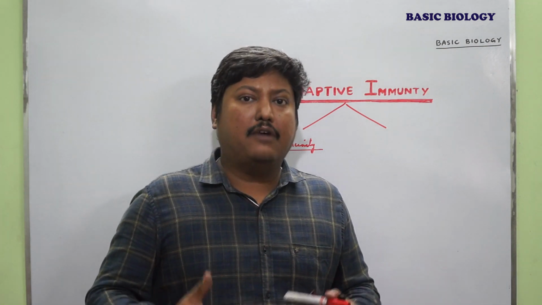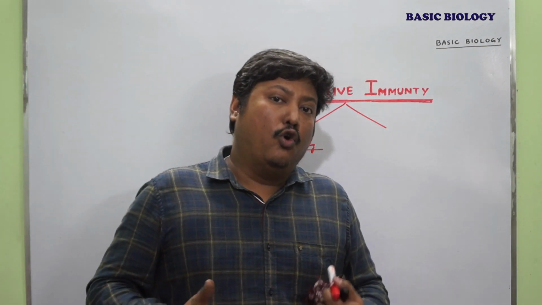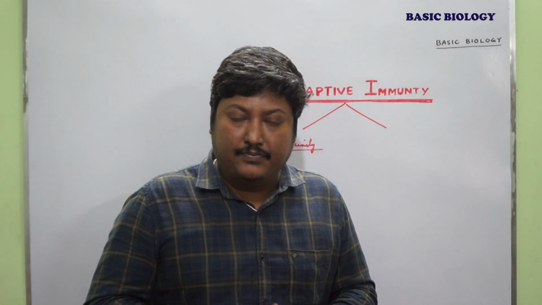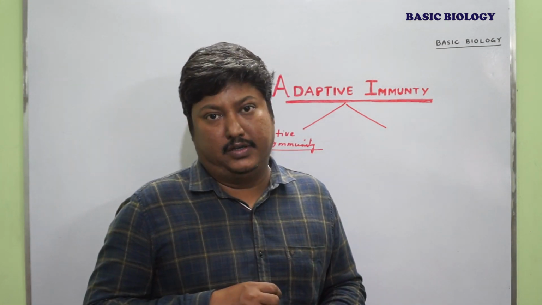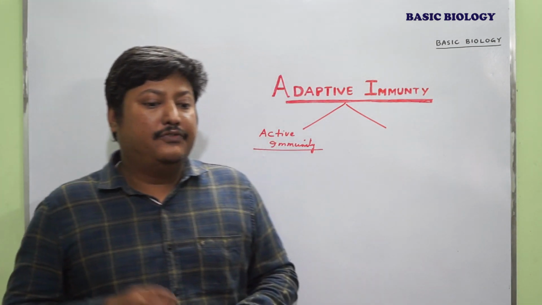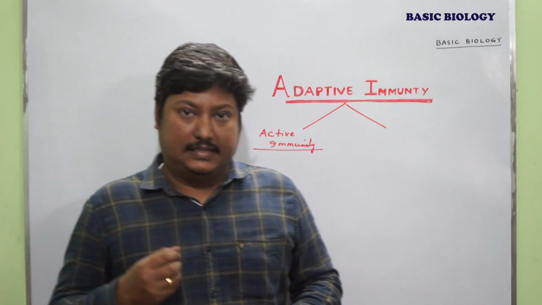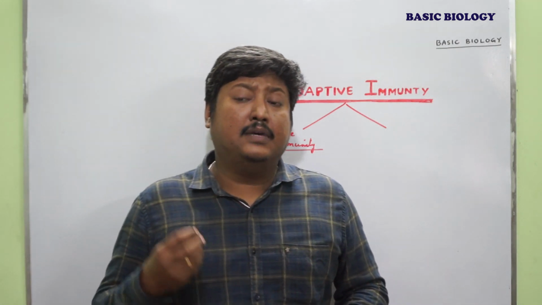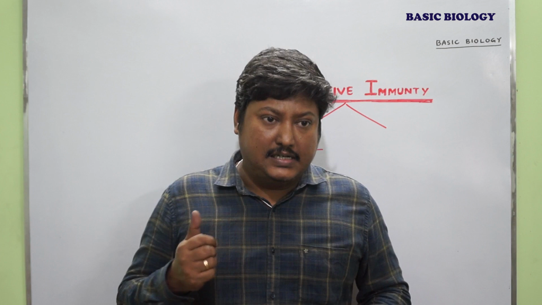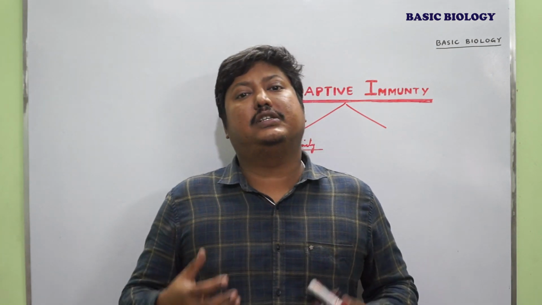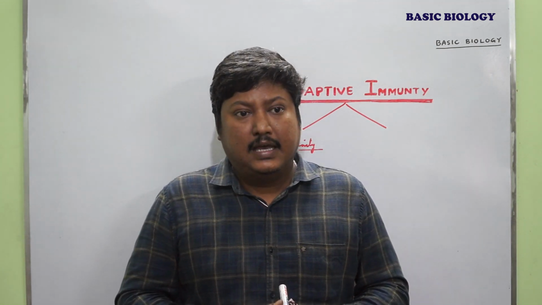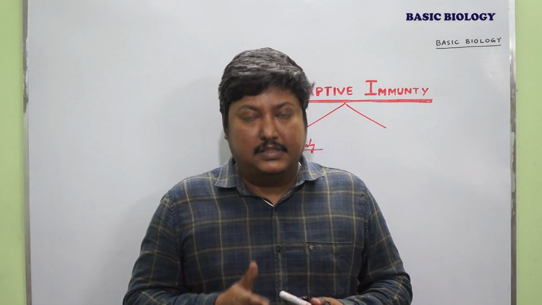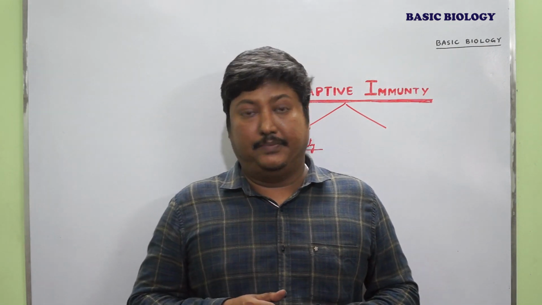That means when our own immune system is activated, it is called active immunity. For example, when we inject some vaccine, some heat-killed germs inside our body, then our immunologic system becomes activated. That mechanism is called active immunity.